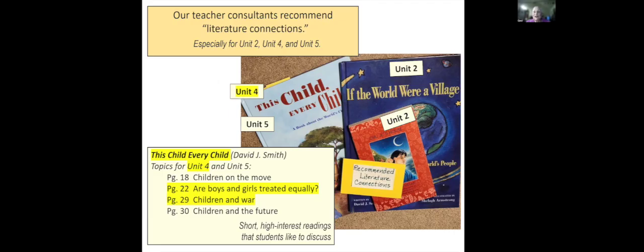One thing that Sharon asked me to remind you about is for Unit 4, there's a book called This Child, Every Child. It has really short 1 and 2 page readings that are really appropriate for Unit 4.